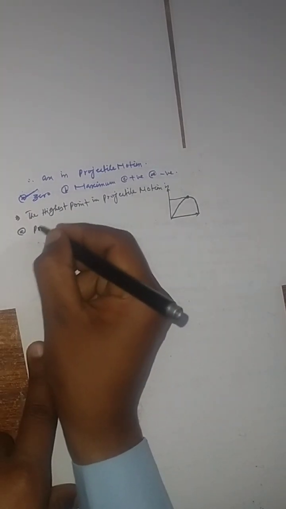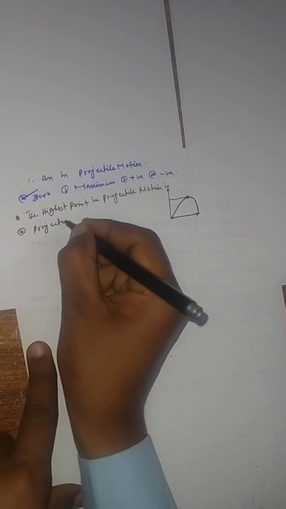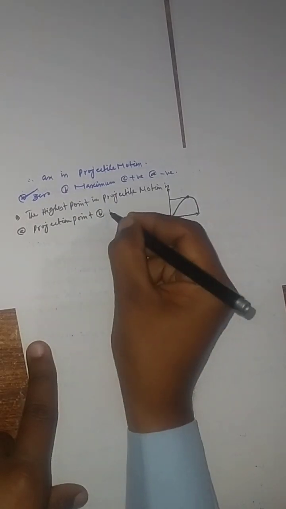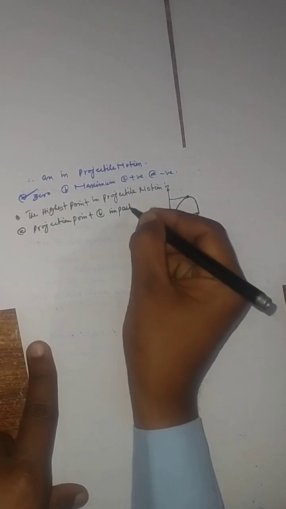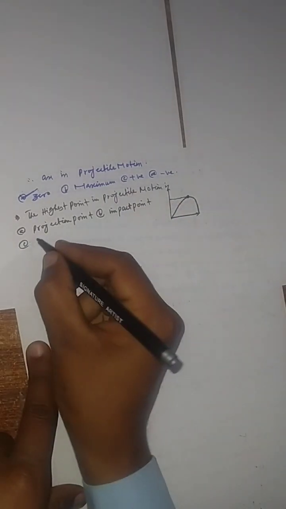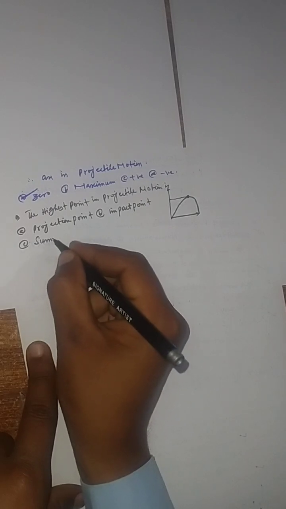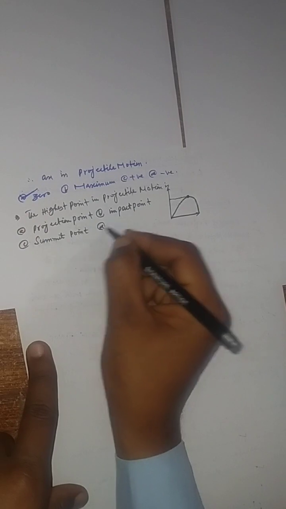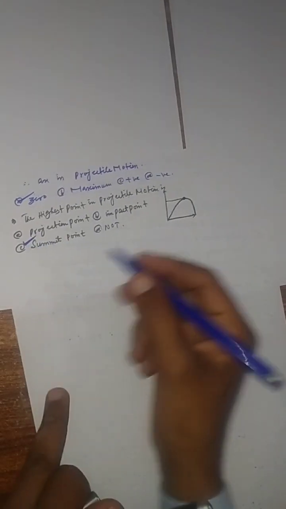That is projection point, option B impact point, let's say summit point, or D, none of these. Then the highest point in projectile motion is known as summit point. So the correct answer is summit point.